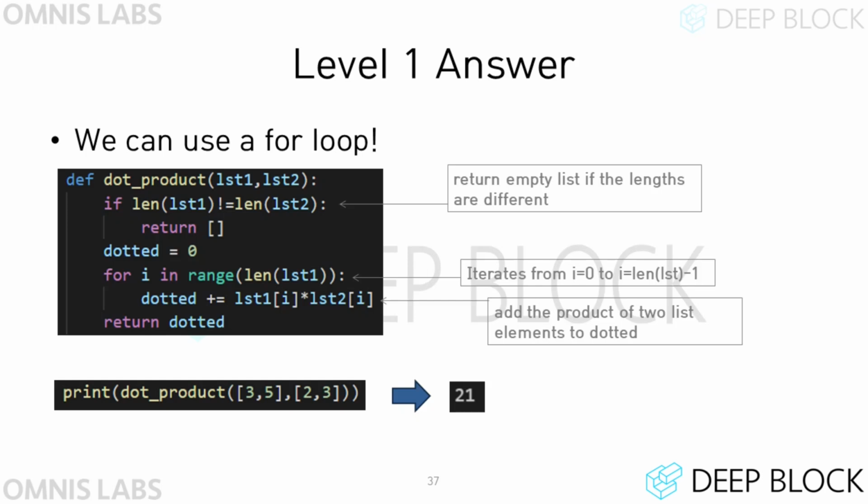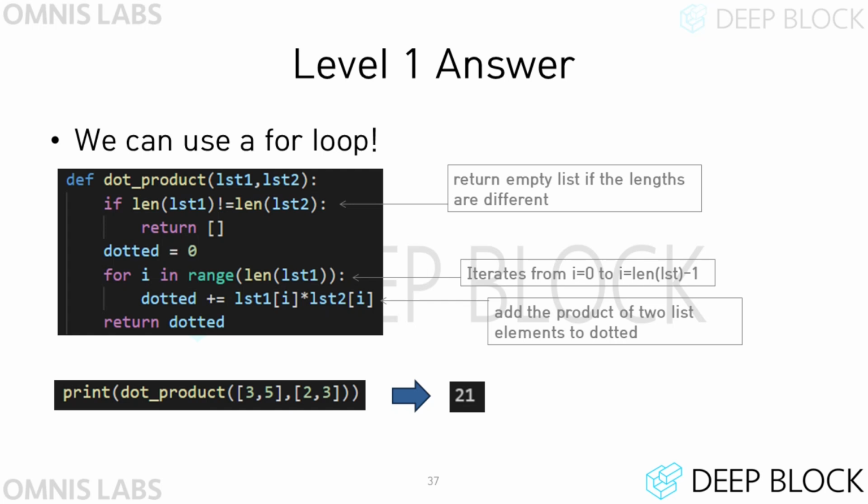Here is an example answer. When the two lists are of different lengths, we return an empty list. If the two lists have the same length, create a variable called dotted and initialize this value to 0. The for loop is executed as the value of i goes from 0 to the last index of list1.